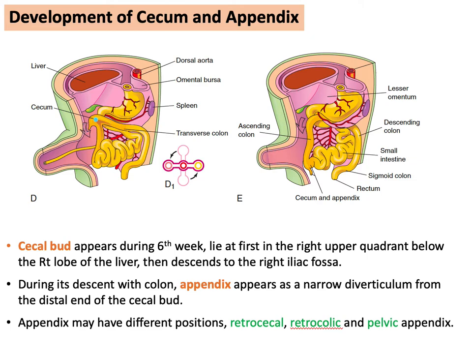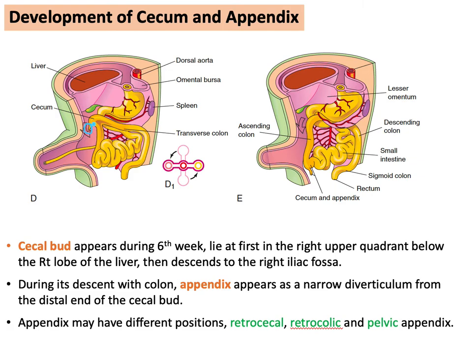Look at the arrow. The cecum will move, of course, to its last destination, where it is normally located, at the right lower iliac fossa. So it moves down, taking with it the colon. During that journey, look, from the cecal bud here, a small diverticulum grows, which would later be the appendix.